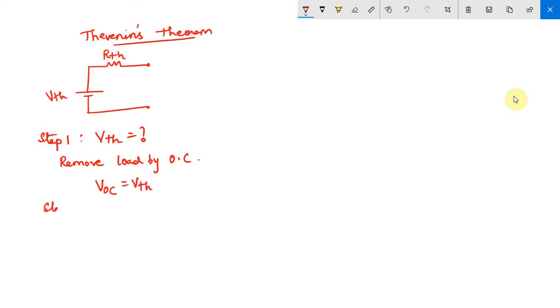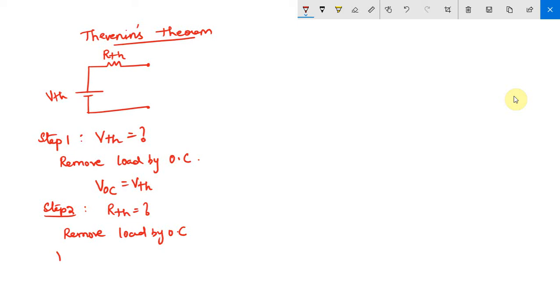Then step 2 is to find RTH, Thevenin's resistance. To find it, we must remove the load resistance by open circuiting. At the same time, all the sources should be removed because we are going to find the equivalent resistance of a network, so your circuit should comprise only the resistances.